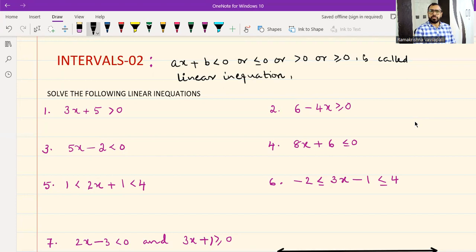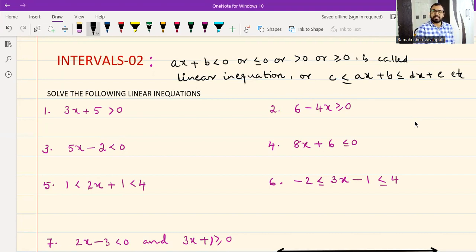Or you may have an inequation of the type c less than ax plus b less than or equal to dx plus 5, etc. So these all come under solving linear inequations.